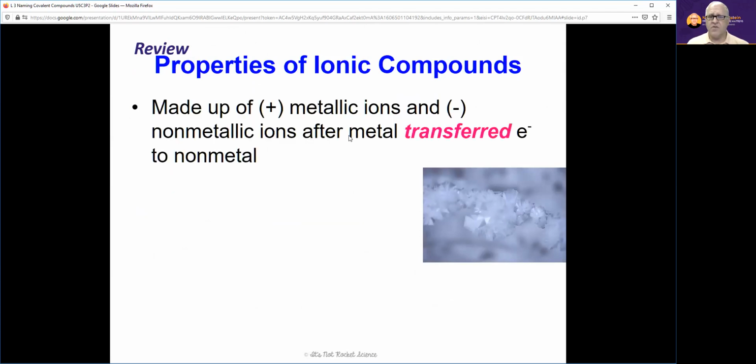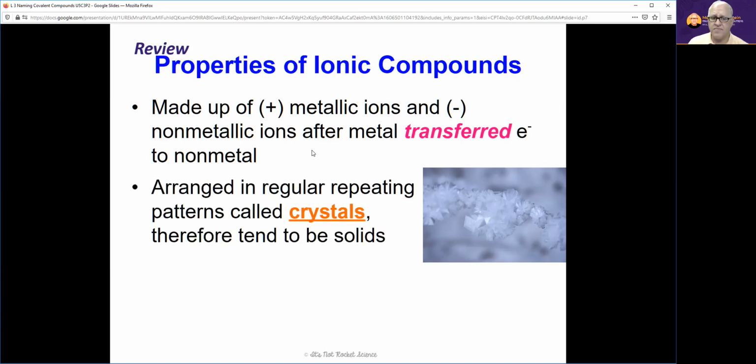Let's go back and review ionic compounds for a moment. And it's always good to compare the ionic compounds to the covalent compounds so you can get a real good understanding as to what those differences are. Remember, the ionic compounds are made up of a positive metallic ion and a negative non-metallic ion after the metal transferred the electron to the nonmetal.